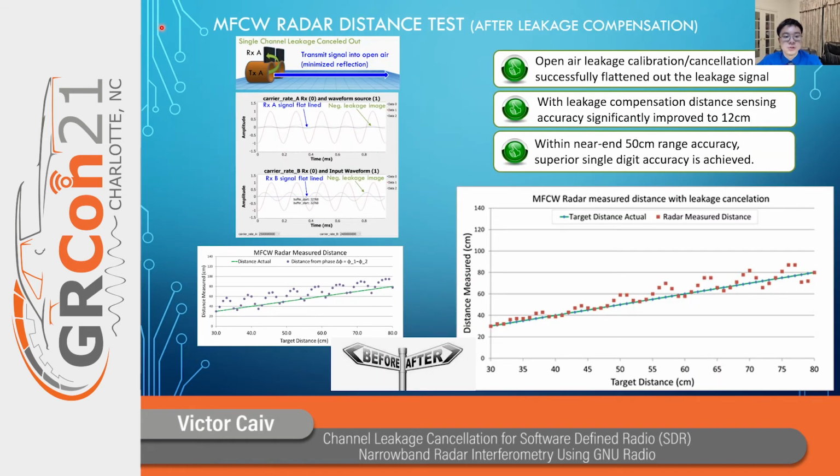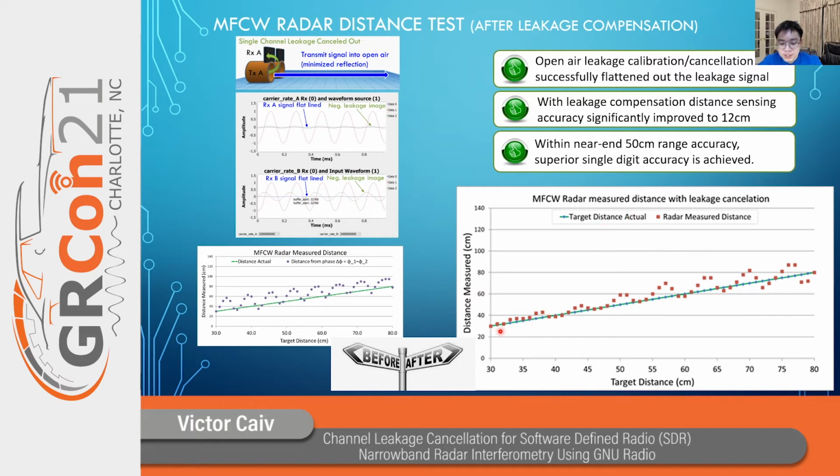So here are the results of the MFCW radar distance test after the leakage compensation was applied. Here we can see that the open air leakage calibration successfully flattened out the leakage signal. This Rx is flattened out to 0. And this chart on the right shows the data. With this leakage compensation, the distance sensing accuracy was significantly improved from 25 centimeters to 12 centimeters.